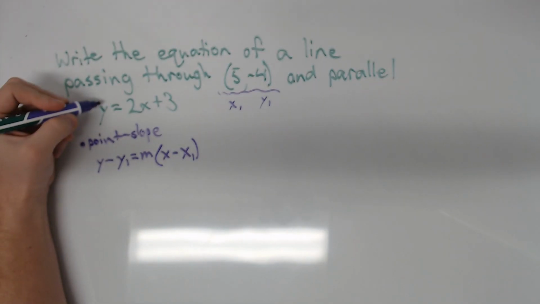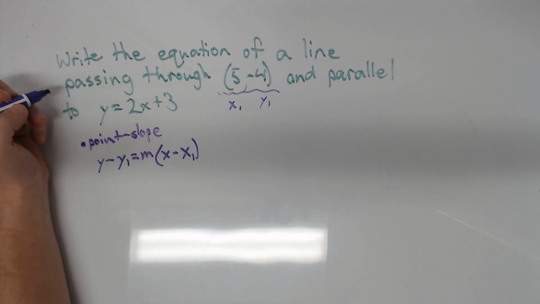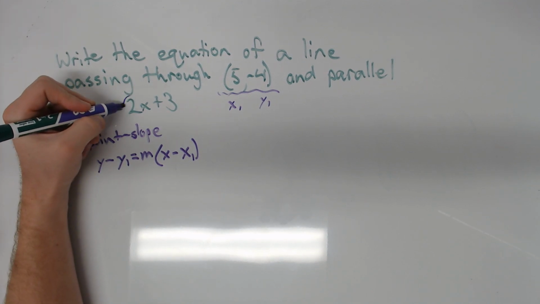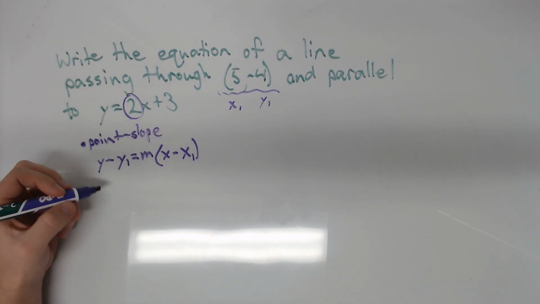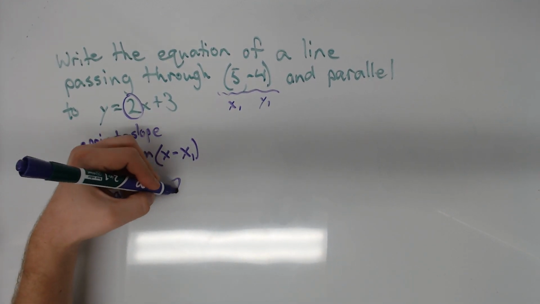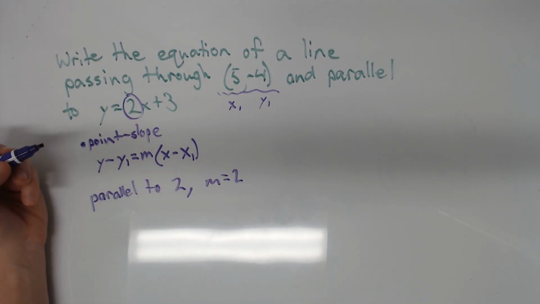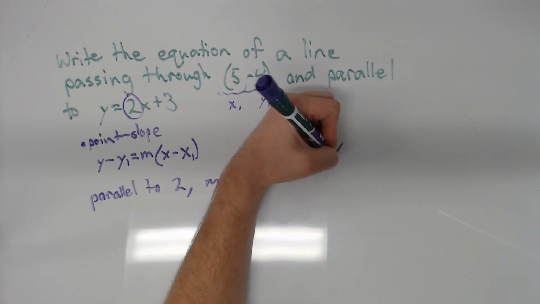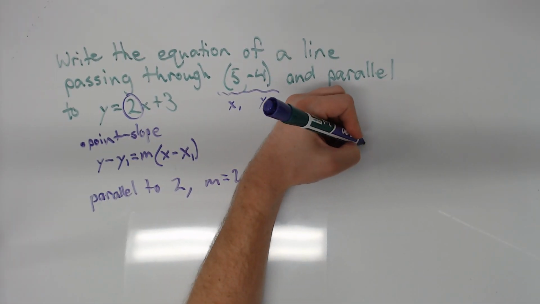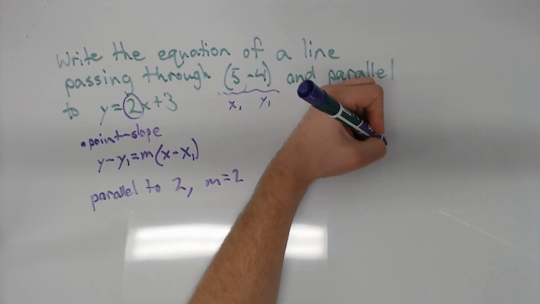If I'm parallel to this line, I need to have the same slope as this line. Well, parallel to 2 means m equals 2. Now we have everything we need. Fill in my x1, y1, and m, and that is a successful point-slope equation.